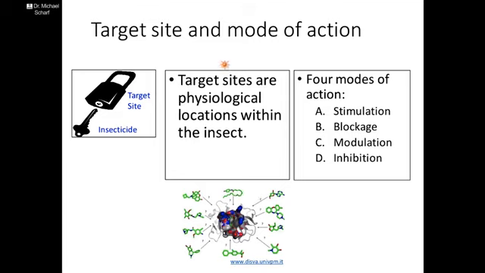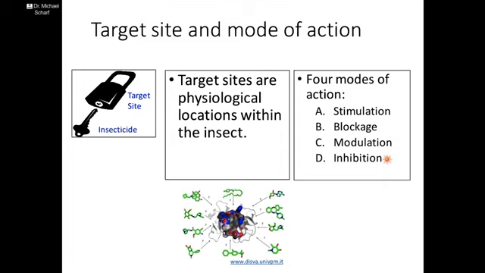So the target site is a physiological location within the insect. And in general, we can have 4 modes of action, or 4 kinds of action, at disrupting these target sites. The insecticide can bind and stimulate a receptor, for example. It can bind and block that receptor, so it can just turn it off. It can bind, say, on the side of it and change its shape and modulate how it works. That's actually how pyrethroids work. They modulate the shape of sodium channels, which we'll talk about.